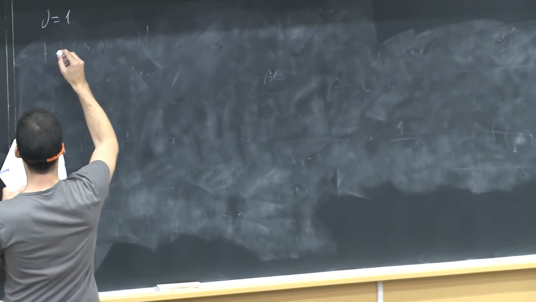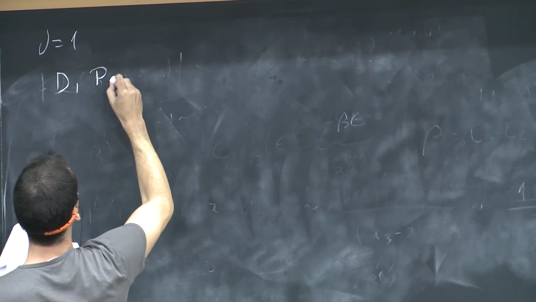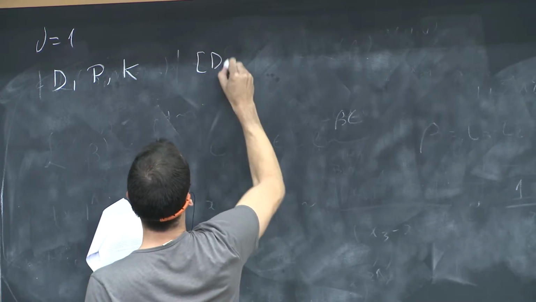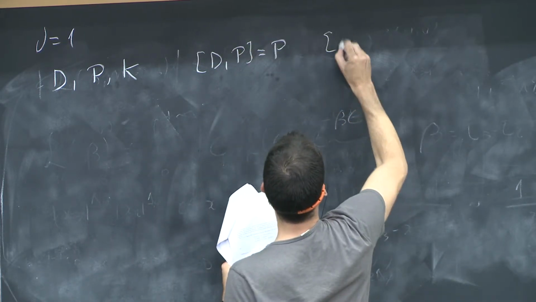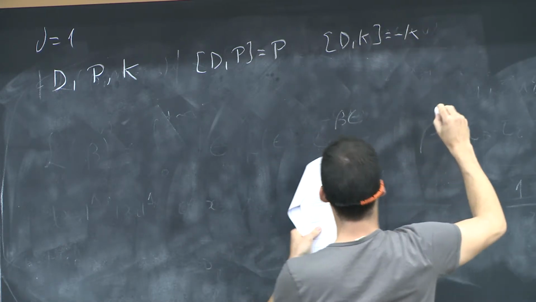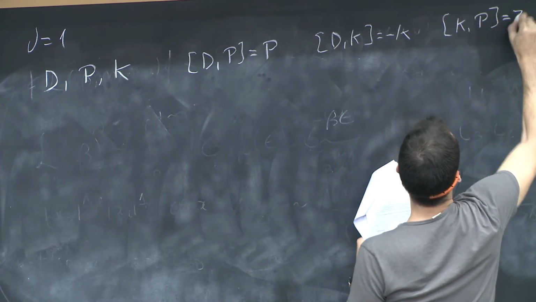The generators of the conformal group are D, P, and K, with [D,P] is P, [D,K] is minus K, and [K,P] is 2D.